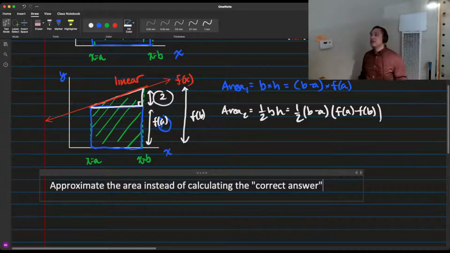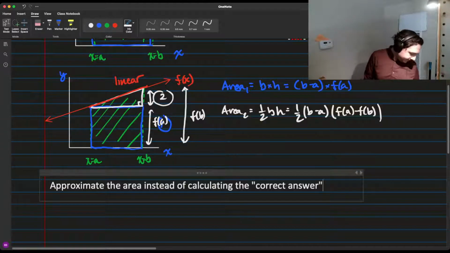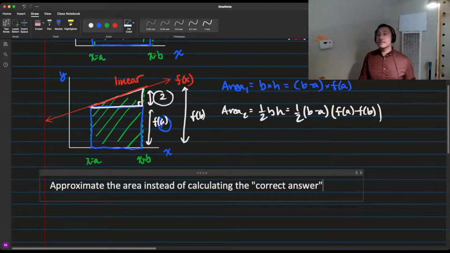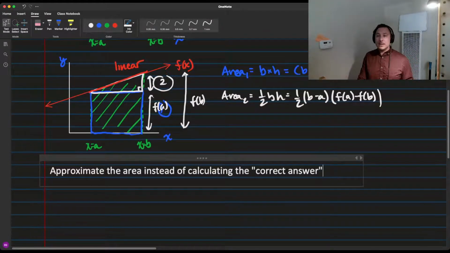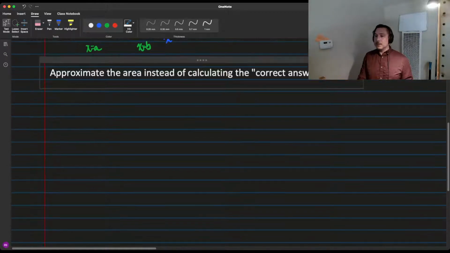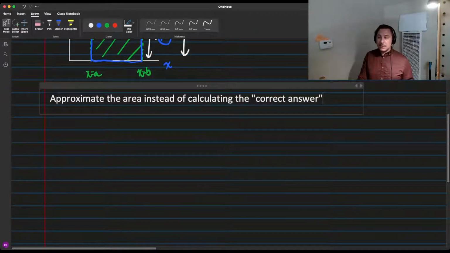Instead, what are we going to do? We're going to try to approximate the area. There we go. So let's talk about how we do that.